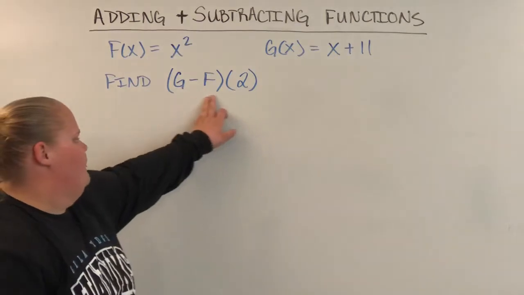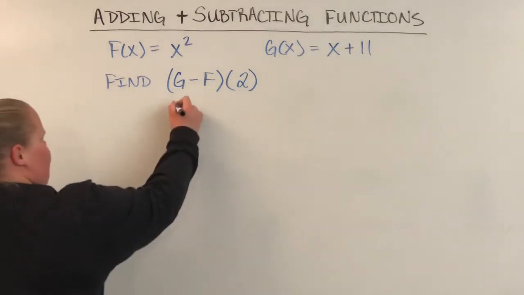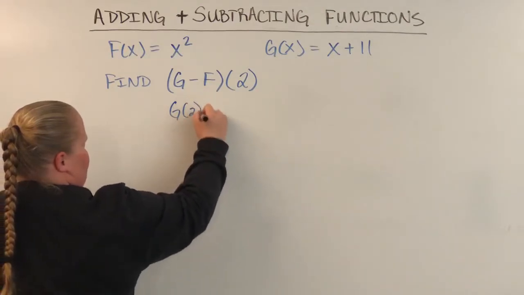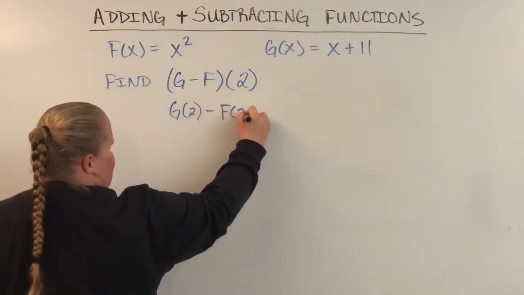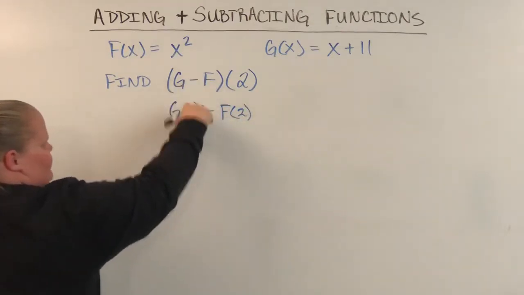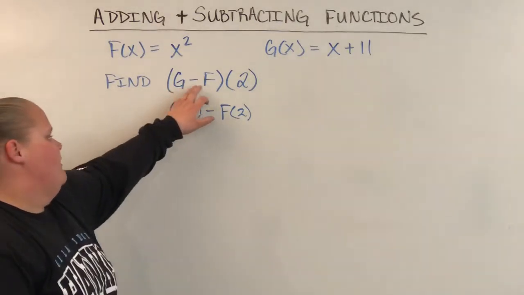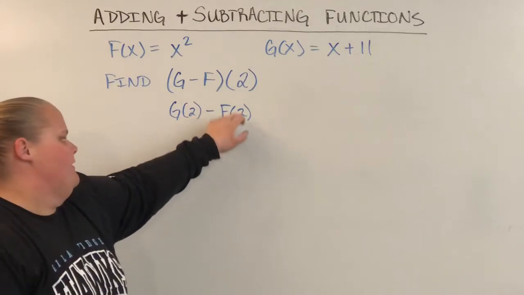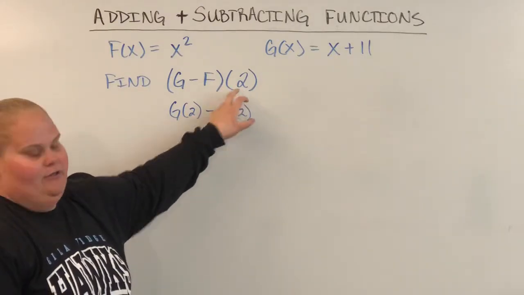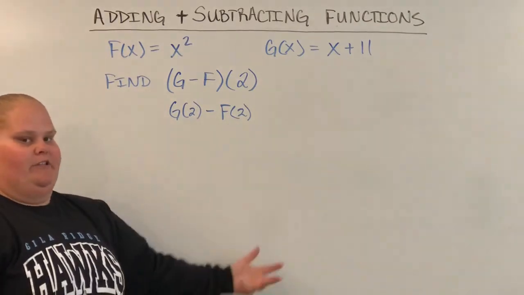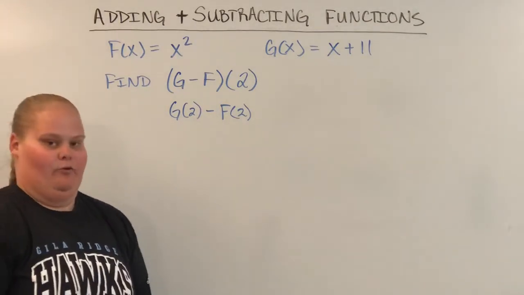Now, the way I wrote it here, it's the same as writing g of 2 minus f of 2. These two things are the same, they're just written differently, but they literally mean g minus f, and wherever you see an x, you plug in a 2. So they literally mean the same thing, they're just given to you in a different format.